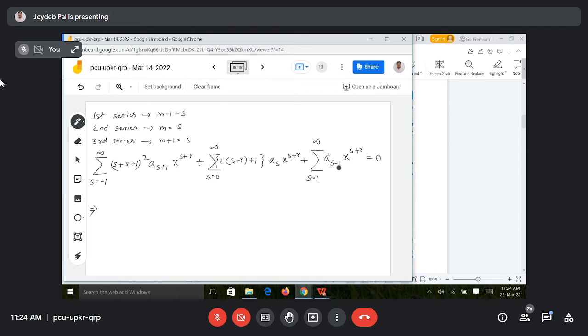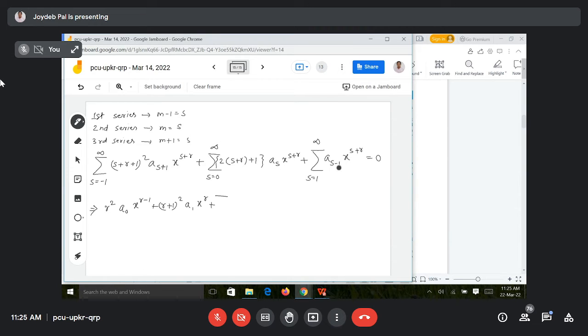So if you put s is equal to minus 1, it will be r square a naught x to the power r minus 1. And the second term, for s is equal to 0, it will be (r plus 1) whole square a1 x to the power r.